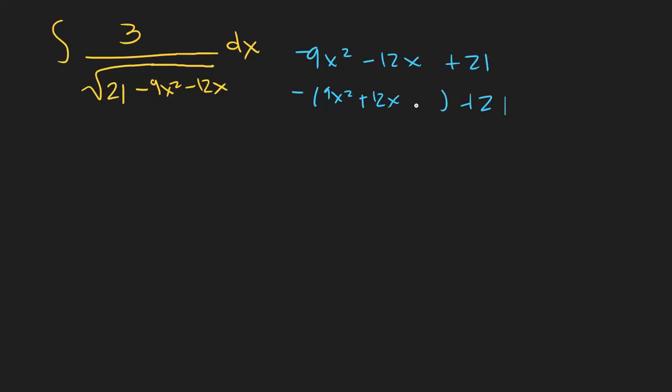Then that would be minus times 3x plus 2 squared, and then you would have plus 25. So in this case, this would be our perfect square. So now the integral becomes the integral of 3 divided by the square root of 25 minus 3x plus 2 to the second power, dx.